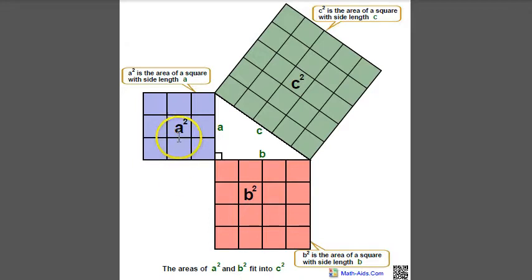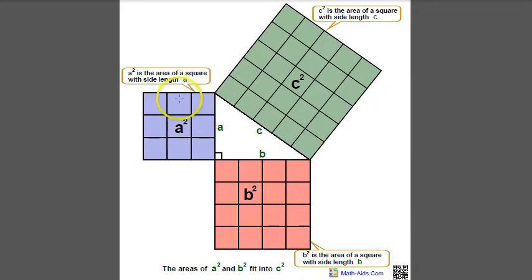Now we know that 9 here for A squared plus 16 for B squared, 9 plus 16 is 25. And so here, if we look and we count the lengths of the sides of C squared, or the hypotenuse, we have 1, 2, 3, 4, and 5. And of course that's a square, so there are 5 here. 5 by 5 is 25.